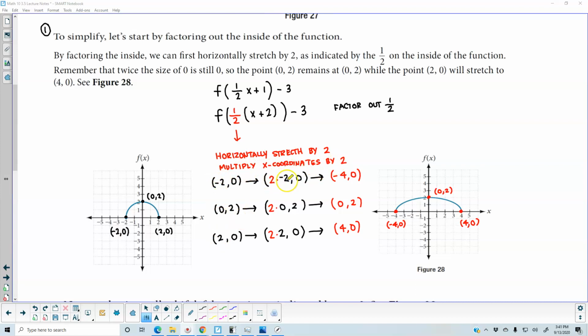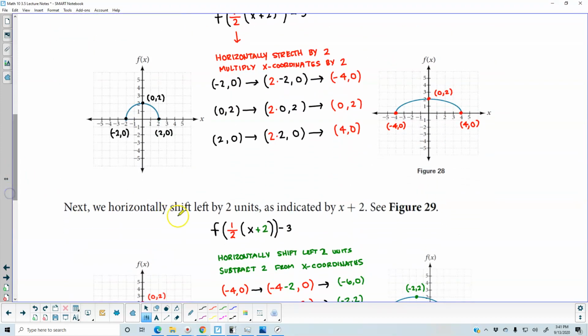So 2 times -2 gives us -4, and our y value stays the same at 0. 2 times 0 is 0, and our y value stays the same at 2. 2 times 2 gives us 4, and our y value stays at 0. So now you can see what happens from this graph to this graph. We still have 0, 2, and now -4, 0, and 4, 0, so we can see that it's horizontally stretching.